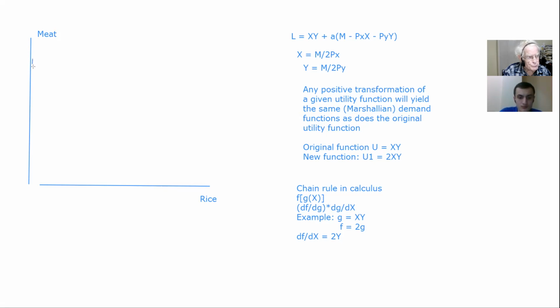So here is the original budget constraint. The vertical intercept is income m divided by the price of meat.